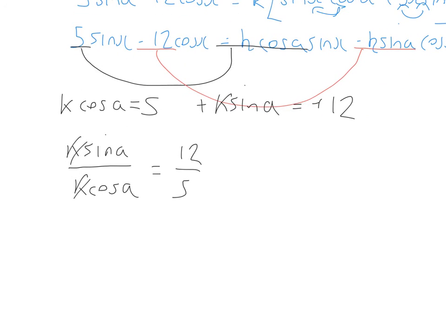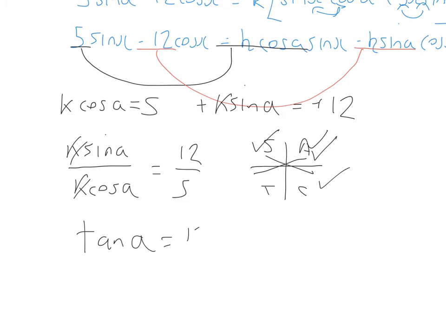It's just around about this point that I'm deciding which quadrant I'm going to lie in. So it's going to be the all quadrant and the sine quadrant. For sine, for cos, it's all in cos, 2 ticks in all quadrant, and that's where I am. So sine over cos is tan, so I've got tan a is equal to 12 over 5.